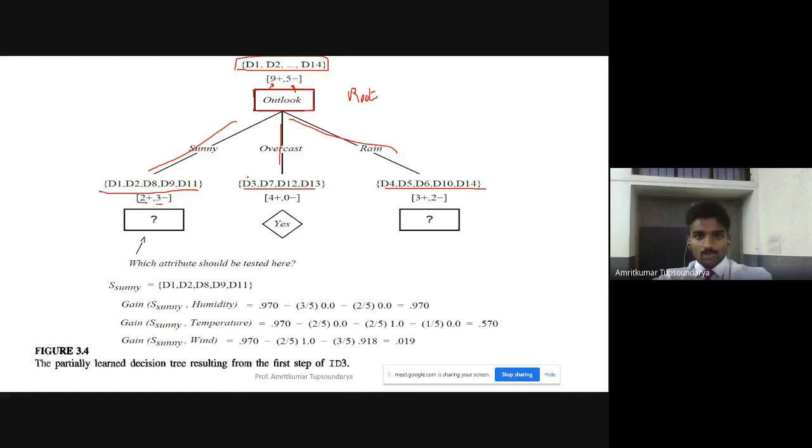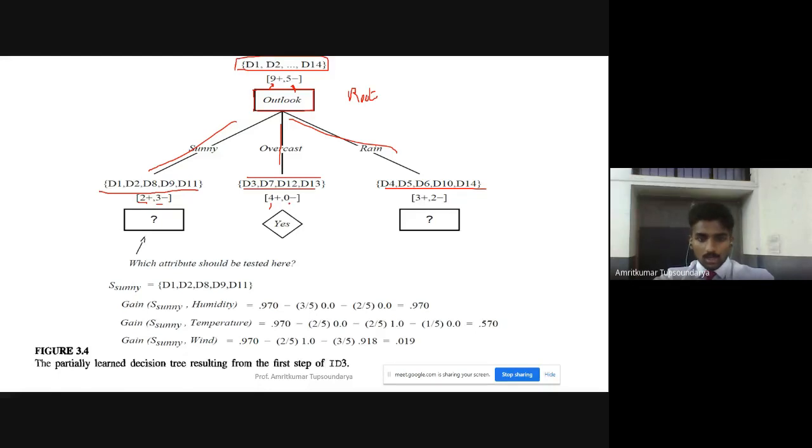And out of these 4, all 4 are positive. That means whenever the value for the attribute outlook is overcast, we are going to play tennis. So in all 4 cases it is yes, which means there are 0 negative cases. Under overcast, there is no way that we cannot play tennis, right?